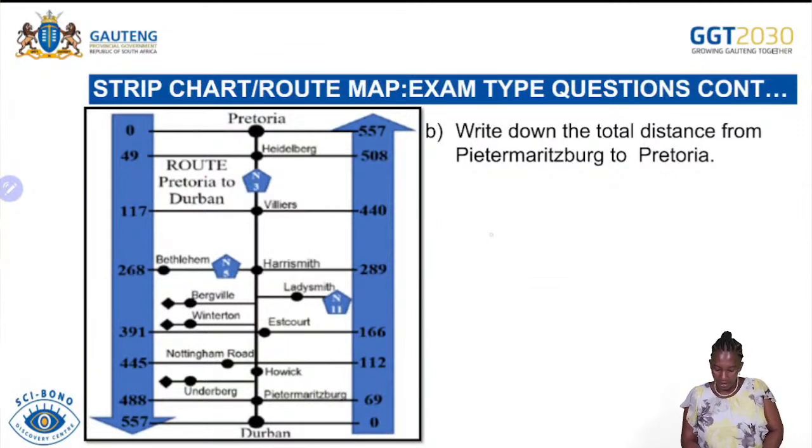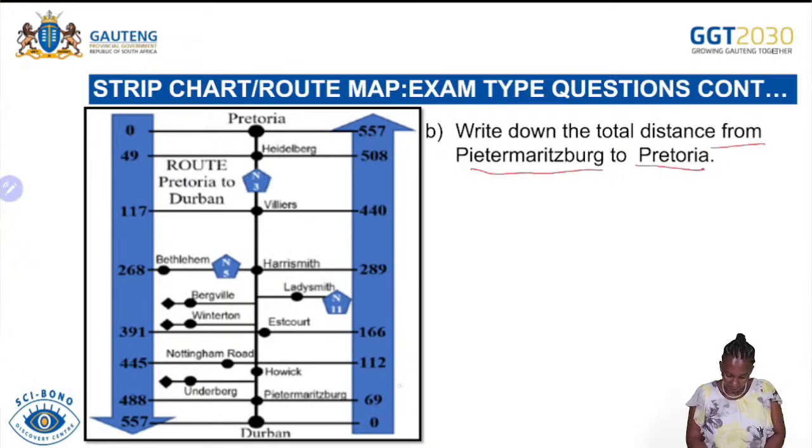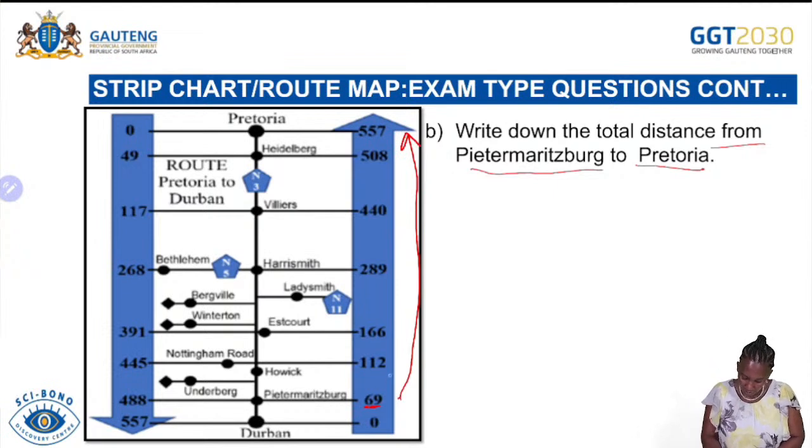We say write down the total distance from Pietermaritzburg to Pretoria. From where? From Pietermaritzburg to Pretoria. Here is our Pietermaritzburg, and then to Pretoria. You can simply use this method.